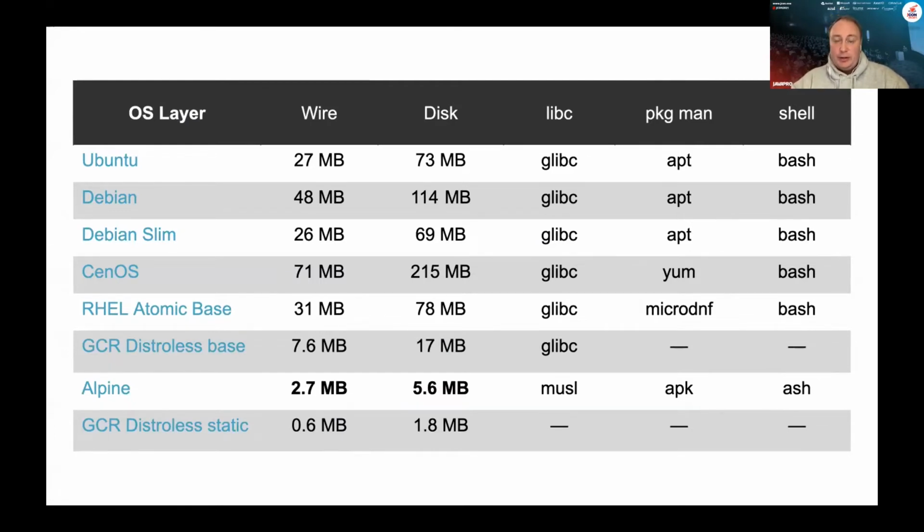And other distributions are like 10, 20 times larger. You see that there's a big difference. And distroless images are not very different in size. And if you add a C library to a distroless image, it won't have a package manager, but it is larger than Alpine Linux.